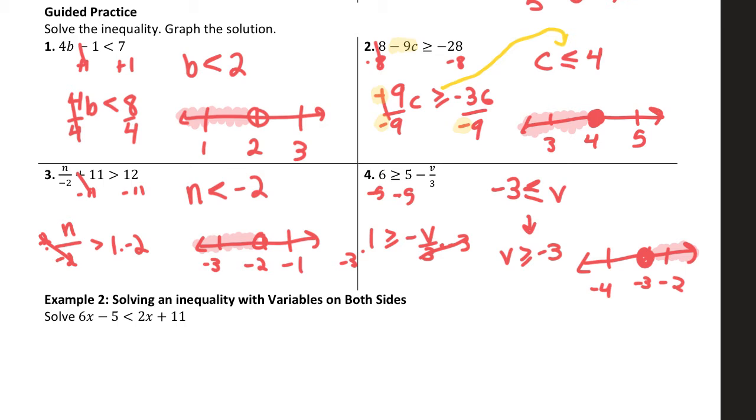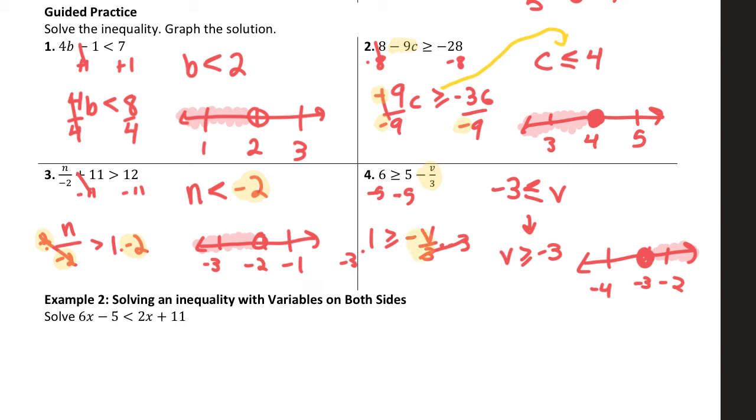Okay? So for number 3, I subtract 11 from both sides. I have to multiply both sides by negative 2. That causes me to flip the sign from greater than to less than. And then in the final one, it's understanding that this is 5 minus v over 3.